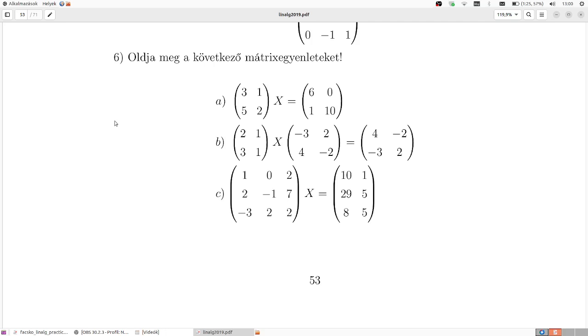Okay, let's check everything because otherwise we can make mistakes. So first the determinants. It's 2. Yes. Okay. 2, 3. Yes. Second column and the third one. This is not 7.